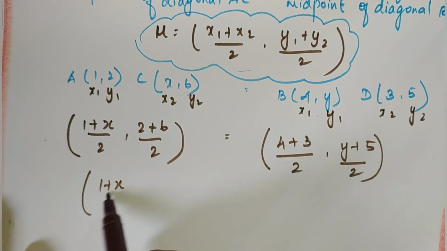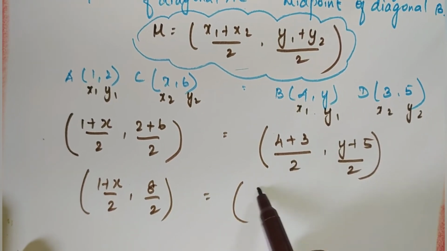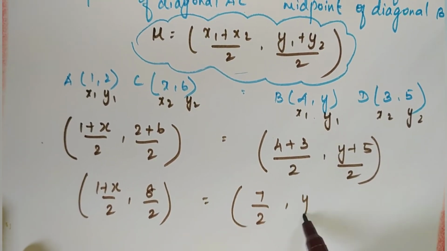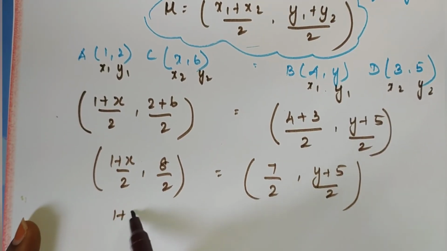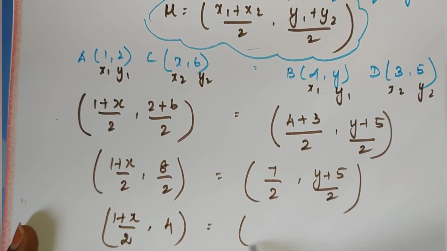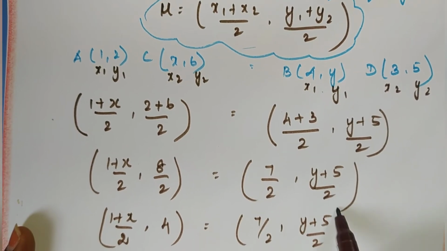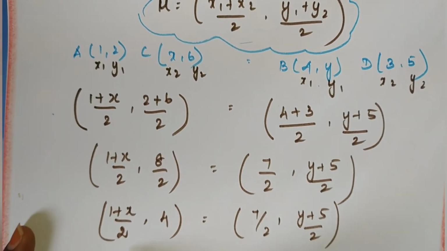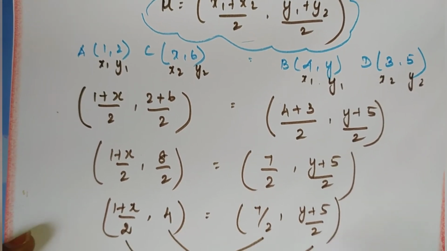So (1 plus x) divided by 2, comma 8 by 2, then 7 by 2, (y plus 5) by 2. Then (1 plus x) divided by 2, comma 4, and 7 by 2, comma (y plus 5) divided by 2. Then you have to compare this with this one and this with this one.